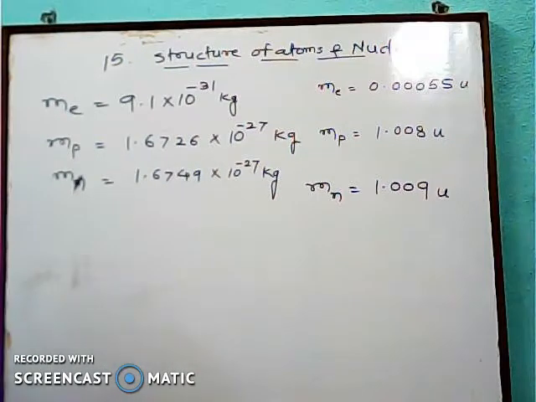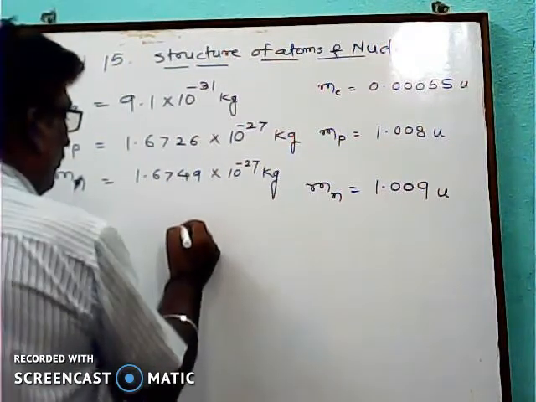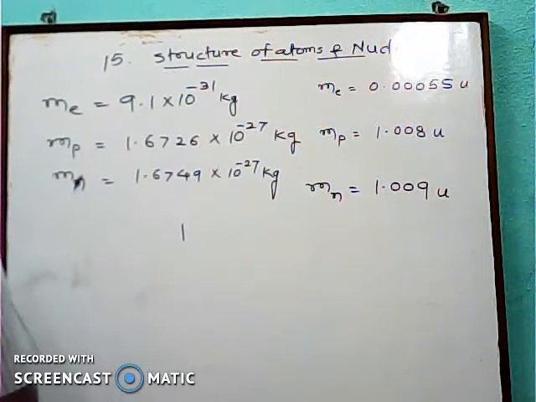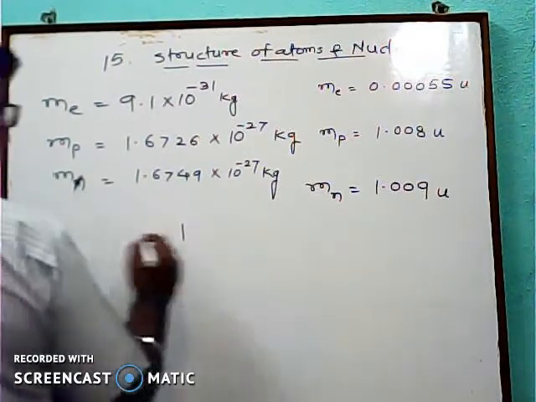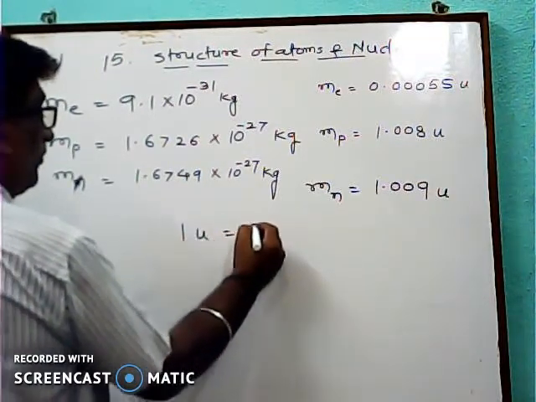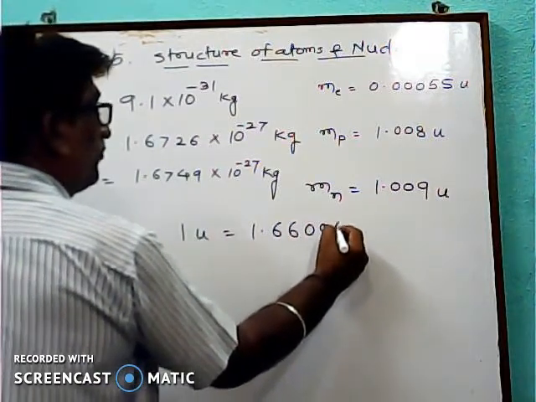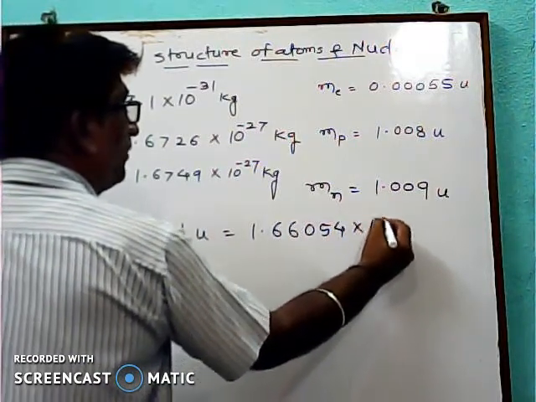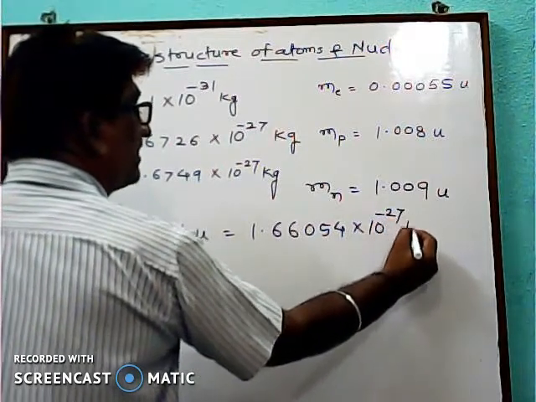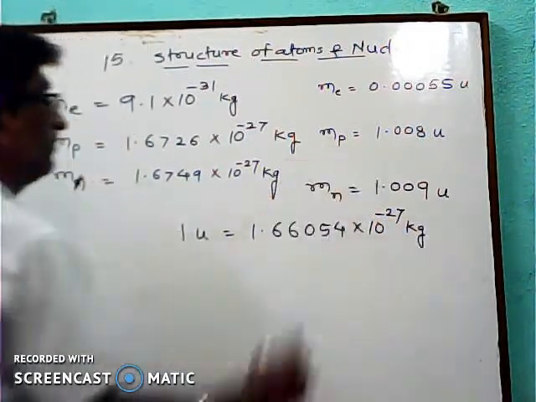The value for one atomic mass unit will be 1.66054 into 10 to the power minus 27 kg.